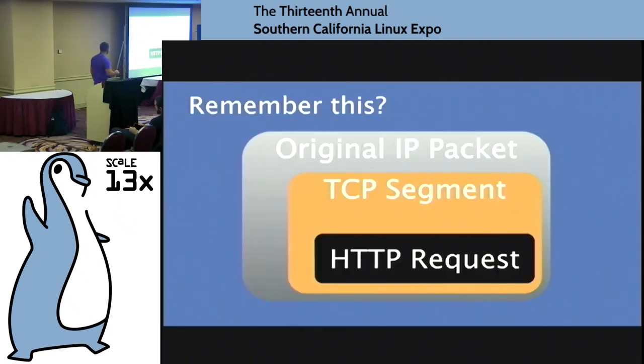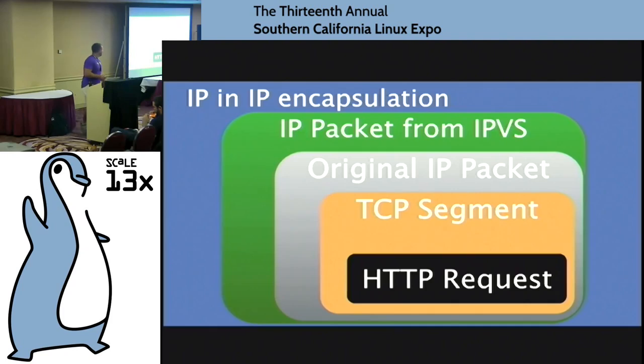So the way this works is this is the original IP packet that we had. So IP, TCP, HTTP requests. This is what happens when it actually gets to the IPVS server. IPVS gets the packet, and then it does a consistent hashing, and it determines what ProxyGen server it should actually go to. And then what it does is it encapsulates that in another IP packet. So we're doing IP-in-IP encapsulation.